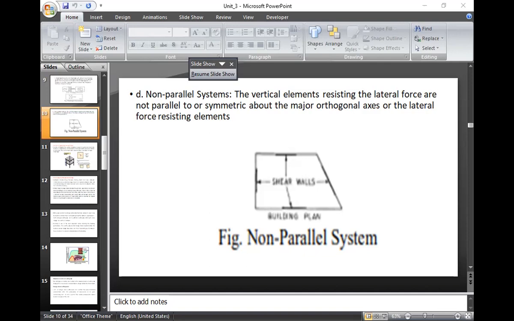In this lecture we have seen the effect of irregularities in the structure in the horizontal and in the vertical direction. We should avoid irregularities in the vertical direction, that is about the mass distribution, the stiffness, the vertical geometry, and regularity in the plans.